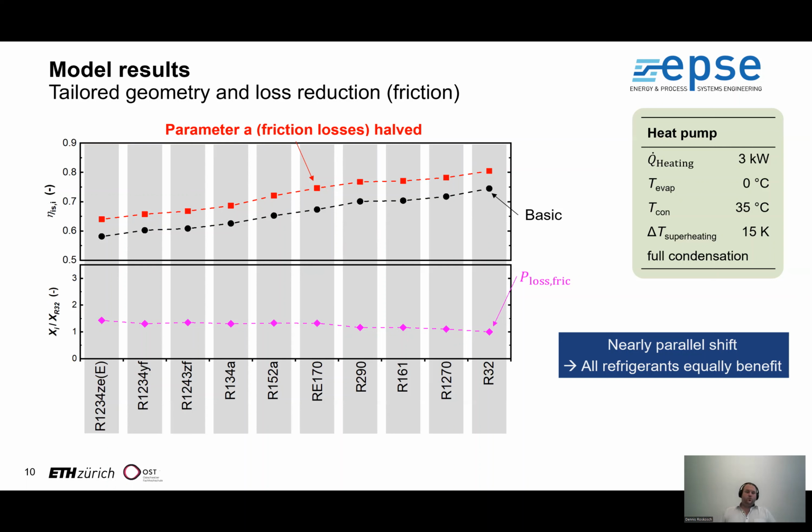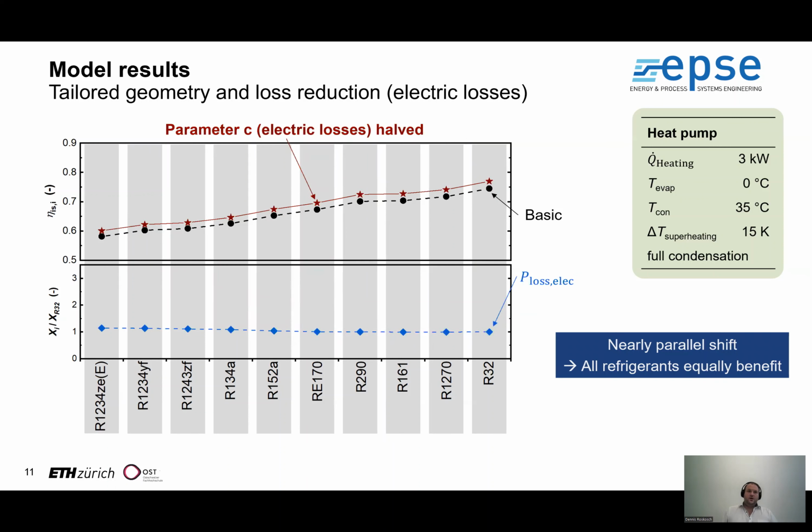And that is not really surprising since the friction losses are very similar for all refrigerants, and every refrigerant benefits from a reduction of friction losses. We get a similar result if the electric losses are decreased. We see again nearly a parallel shift of the line.